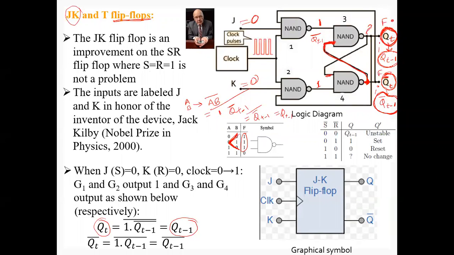Your input is QT minus 1. So 1 and QT minus 1, then it gives QT minus 1 bar.